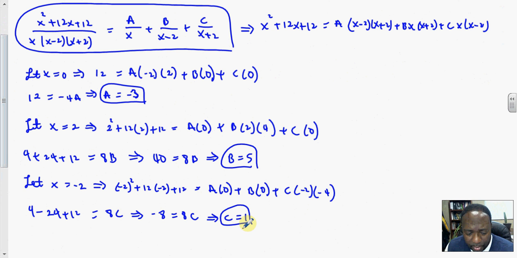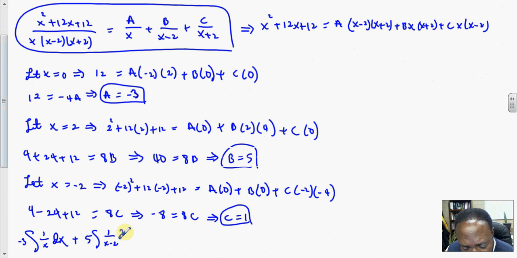So I think we have everything that we need. So this is the integral of the a over x. A came out to be -3. I'll put that right there in the front, -3 times the integral of 1 over x dx, replacing a, b, and c, these generic terms, with what they are. Then plus b, which is 5, so 5 times the integral of 1 over x minus 2 dx.